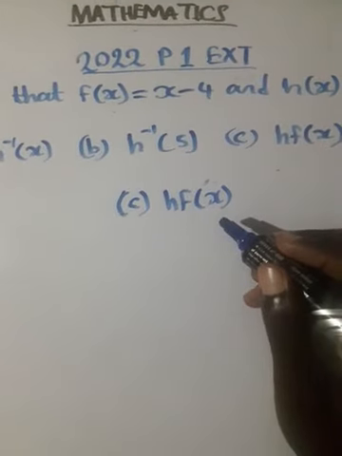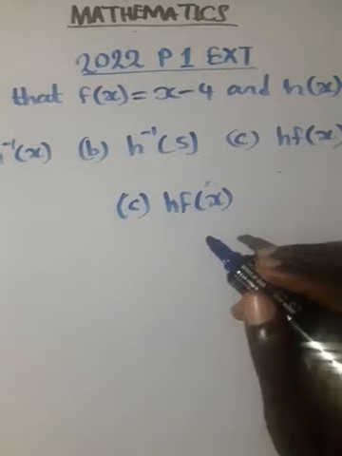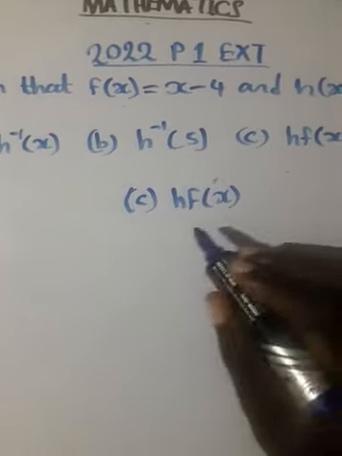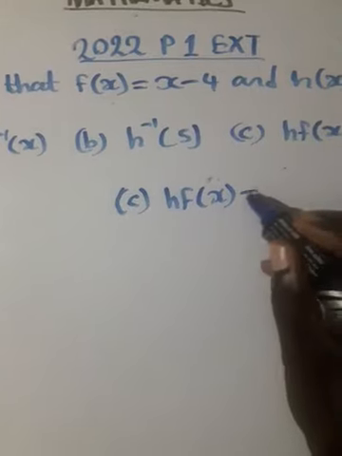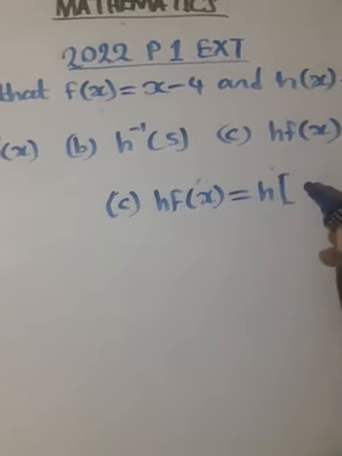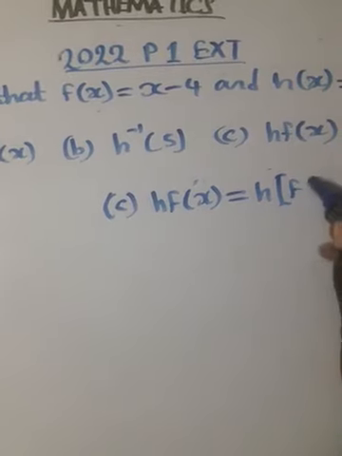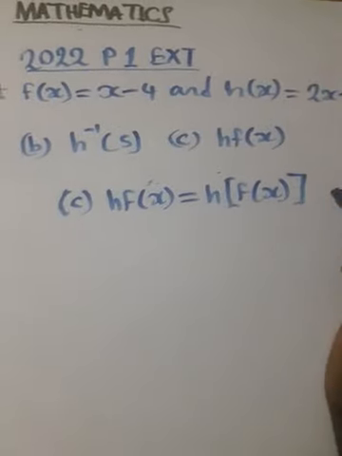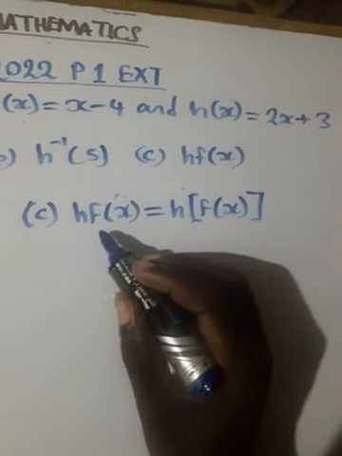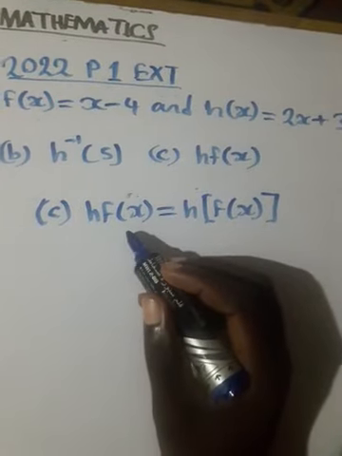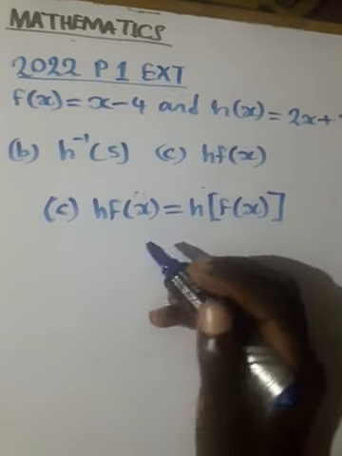For the composite function, they want us to combine the two functions. So this one will be equal to h open square bracket f of x close square bracket, where f of x will be treated as the domain since it is in front. So this will be our domain.